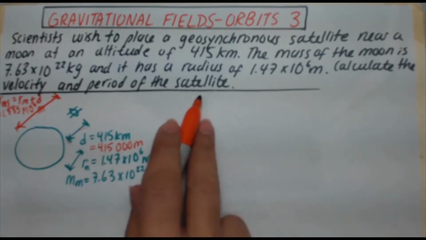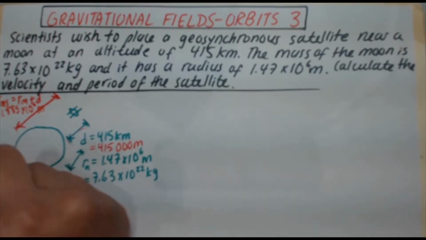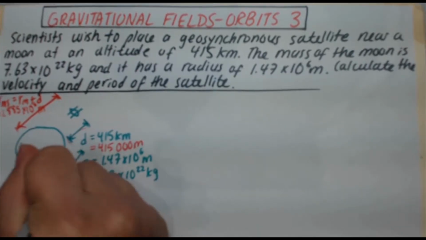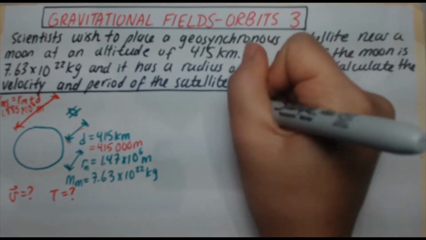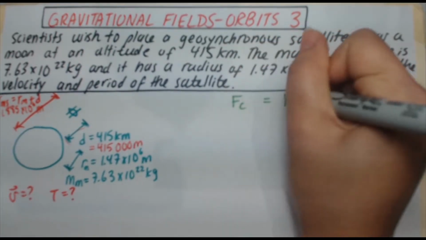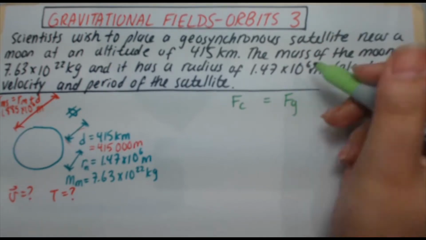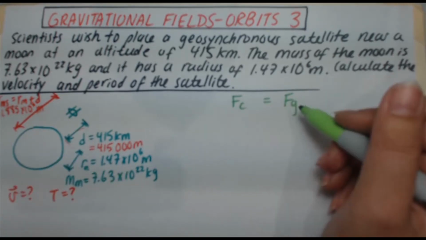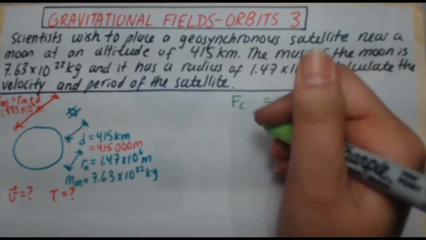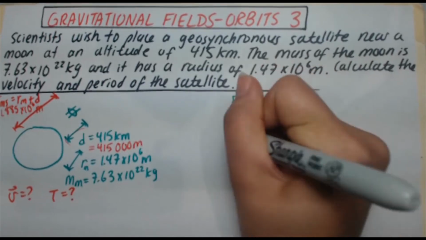We're asked to calculate the velocity and period of the satellite. So we're looking for V and T. I'm going to start off this problem with an equality statement of the centripetal force is equal to the force of gravity. Because in this case, the fact that the satellite is moving in a circular motion around the moon is due to the force of gravity. So centripetal force is m v squared over r.